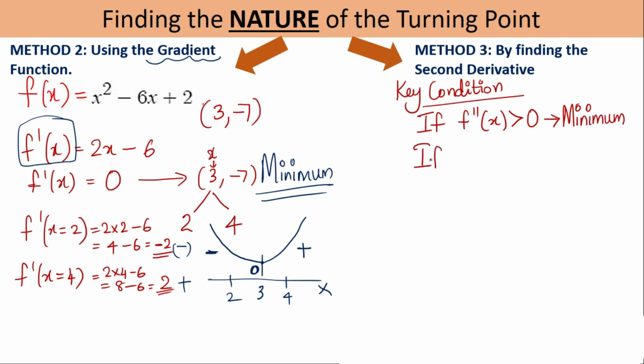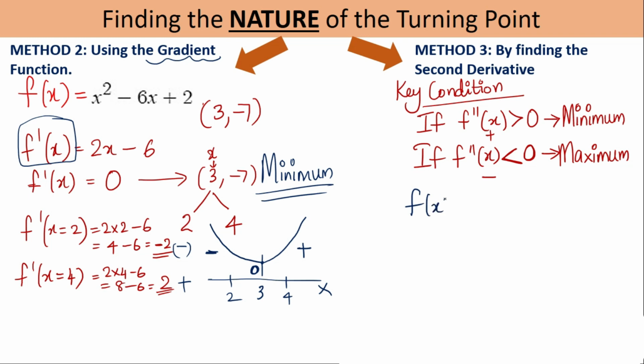And if f double dash of x is less than 0, less than 0 means negative, it's going to be a maximum point. So remember, if it's a positive value, it's going to be minimum, and if it is a negative value, it is going to be a maximum. It's slightly confusing, but you're taking the opposite thing. If it is positive, minimum; if it is negative, maximum. So let's just work it out.